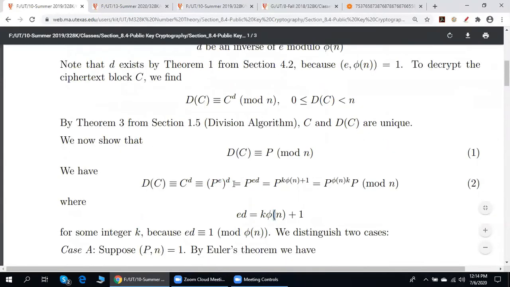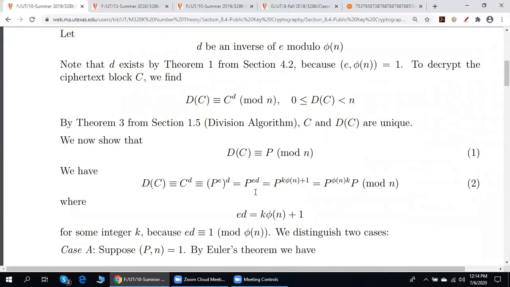Next, here we put the equal sign, because by algebra, p to the power e, the whole thing to the power d, is equal to p to the power e times d. It's exactly what we have here.